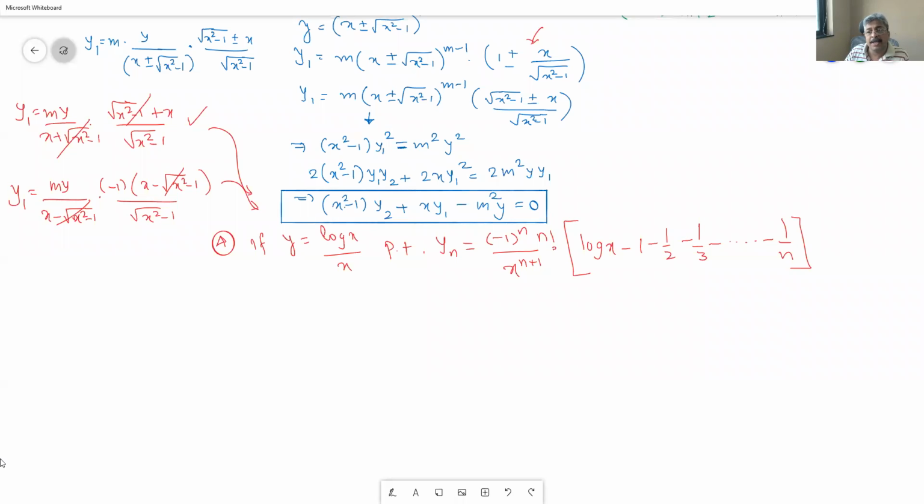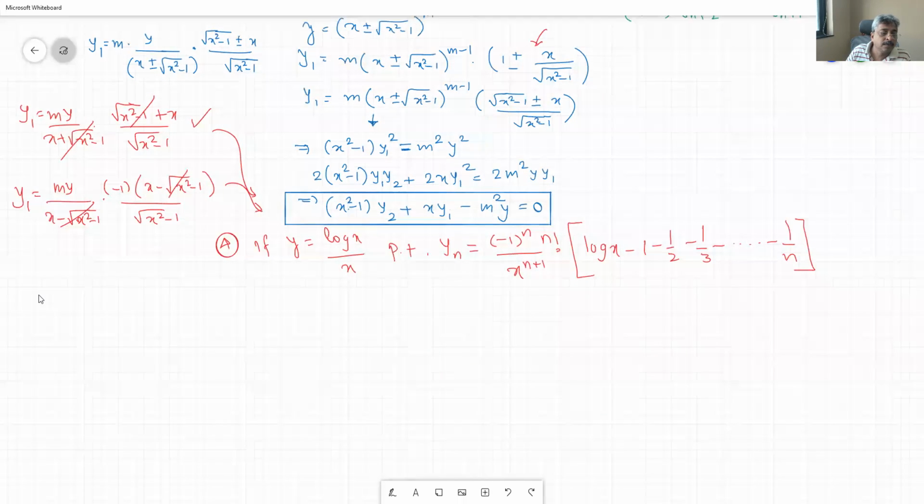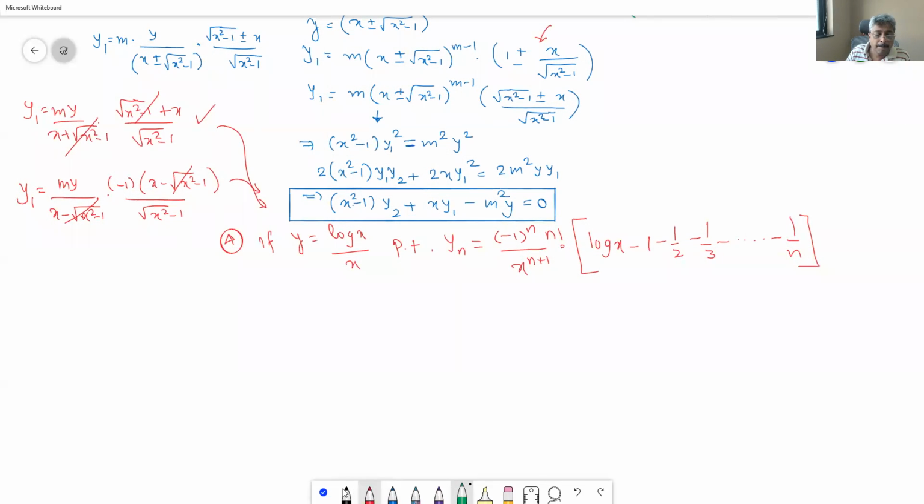Now x raised to minus 1, that is the first function. Suppose u0 is equal to x raised to minus 1. What will be u1? Minus 1 x raised to minus 2, which is equal to minus 1 upon x square. What will be u2?